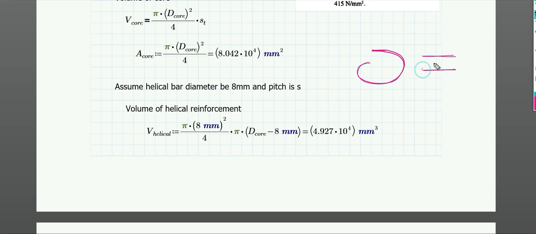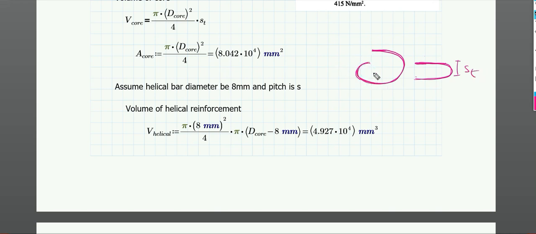You will start from here, it will move upward and end here. It will go from here and it will come up here. So this is st.